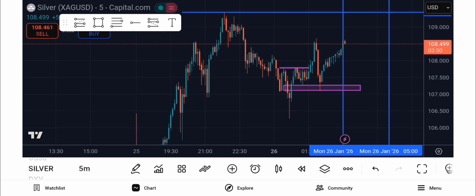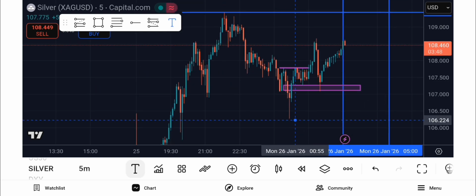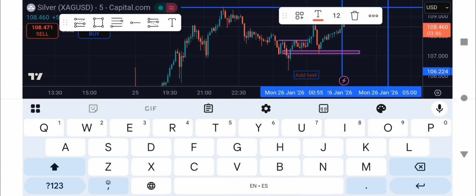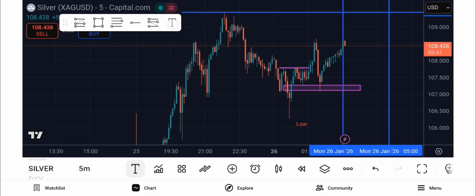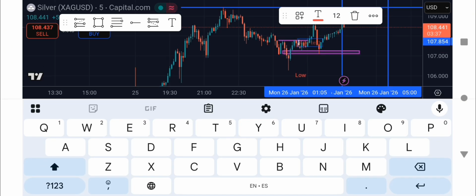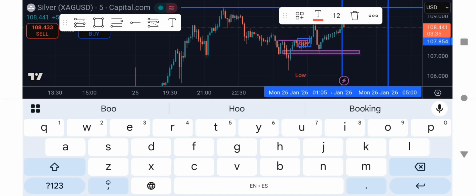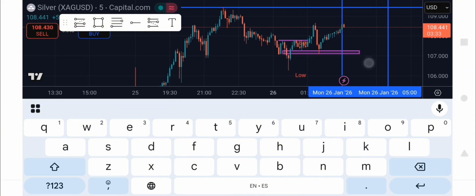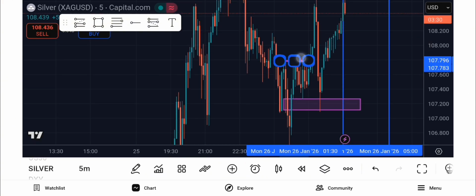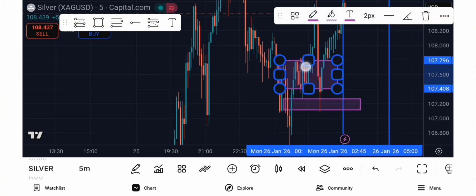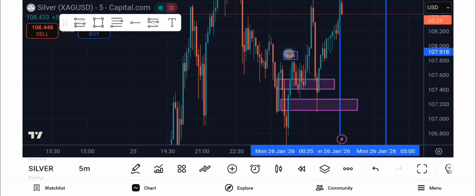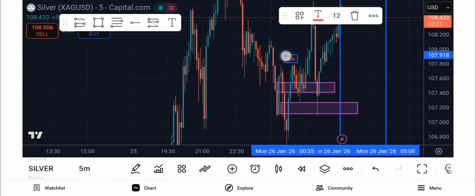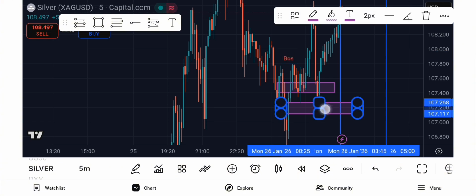So basically it made a low, made a BOS here, made a break of structure right around there.